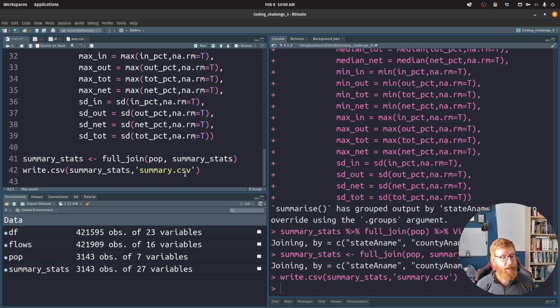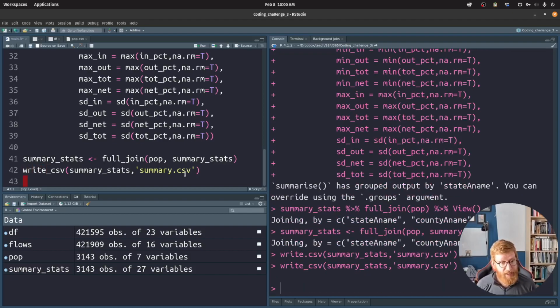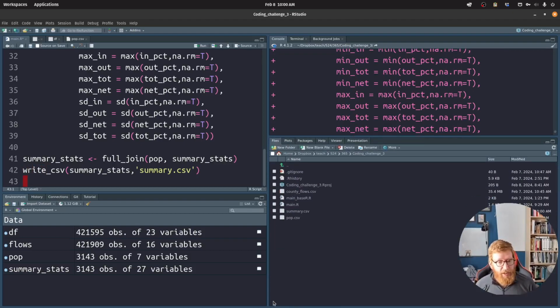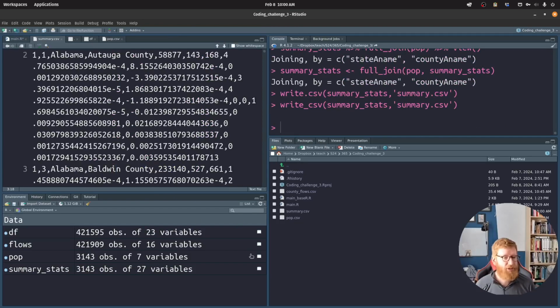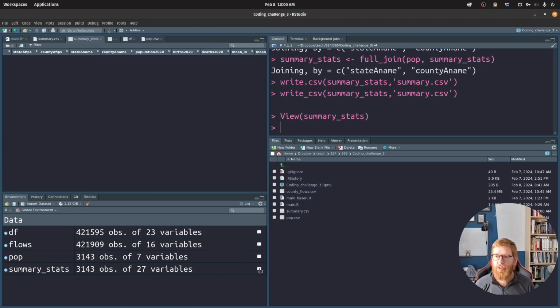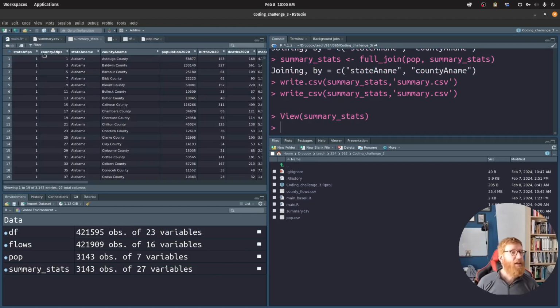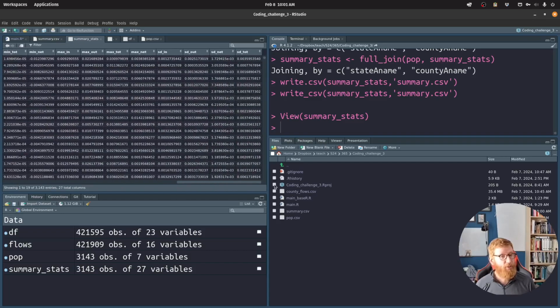And then I can write with, let's use Tidyverse, write_csv. And now I can go into my files and make sure that I got something. It's hard to read here, so let's go ahead and view the thing that I actually saved. State codes, state and county names, population, births and deaths, and then all these figures we just calculated.